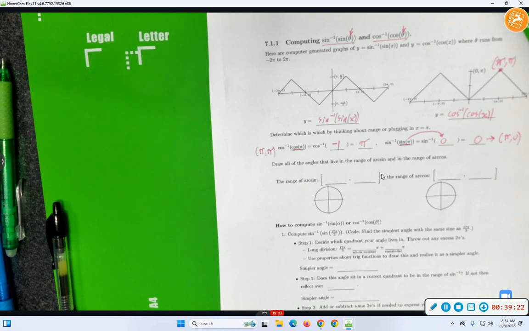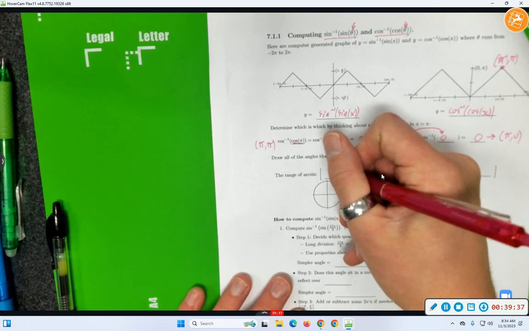All right. The last thing I want to do with this recorded lecture is think about a thing I've been doing on the unit circle an awful lot. Let's think about the range of inverse sine and the range of inverse cosine on the unit circle.